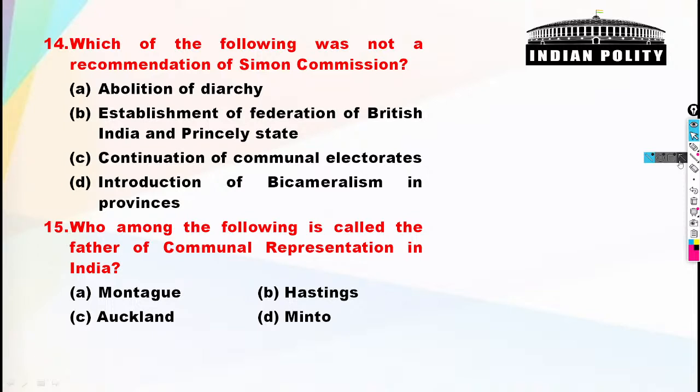Abolition of diarchy was one of the recommendations. Establishment of a Federation of British India and Princely States was one of the recommendations. Continuation of the communal electorate system was also a recommendation. Then the answer is D.